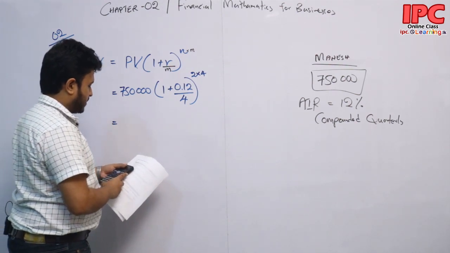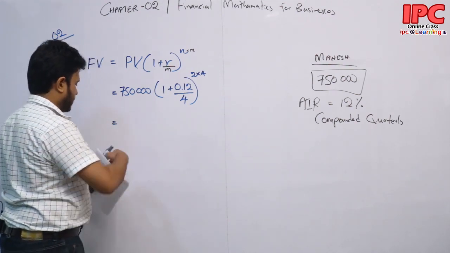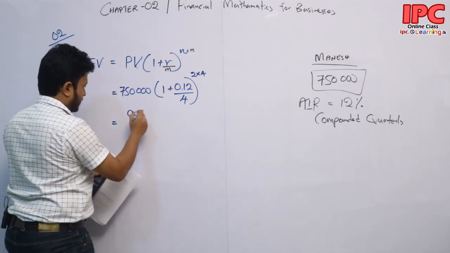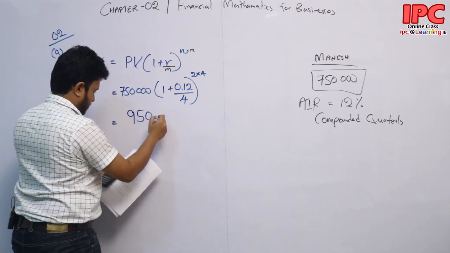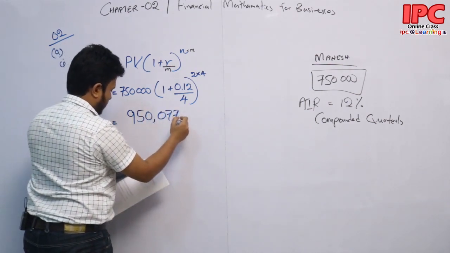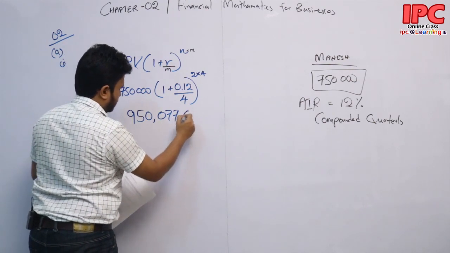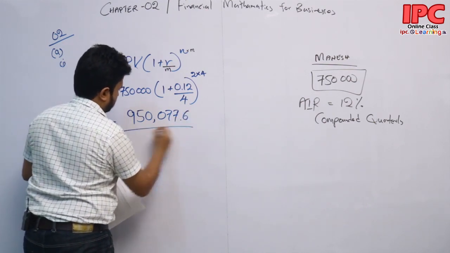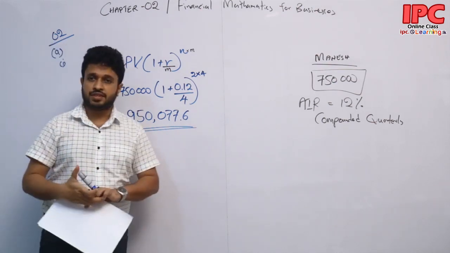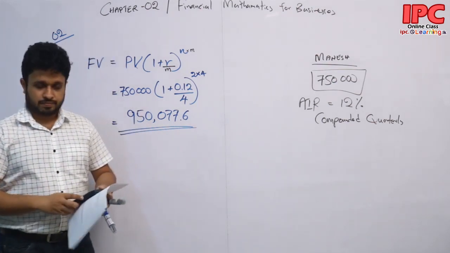The value is 950,077.56 rupees. This is the amount that we will receive at the end of the second year.